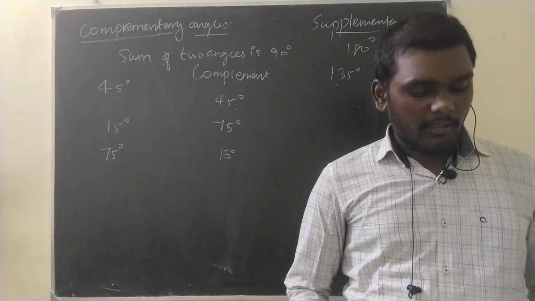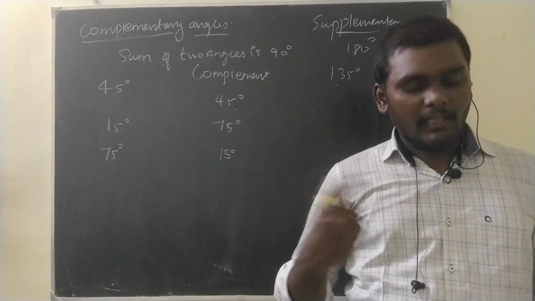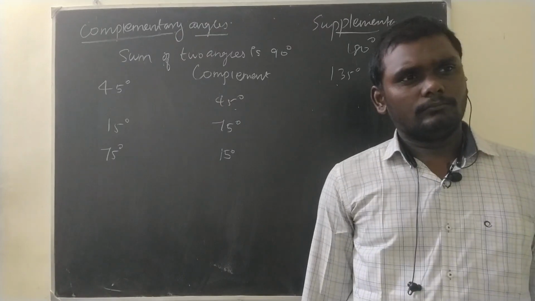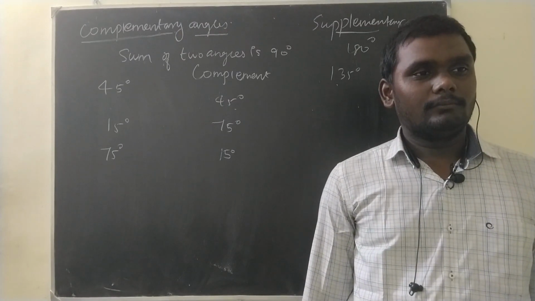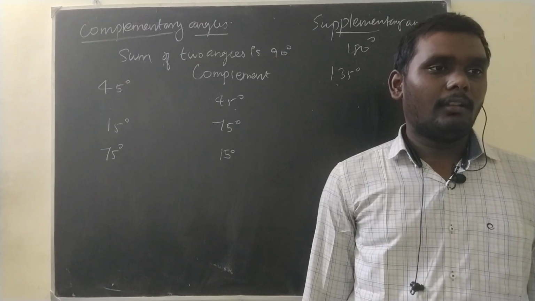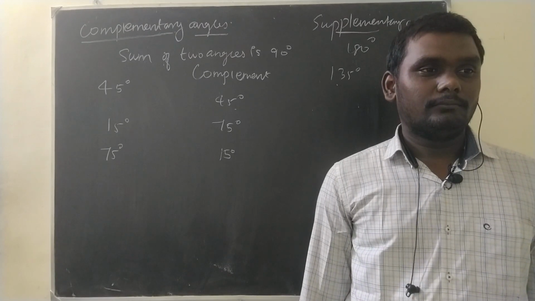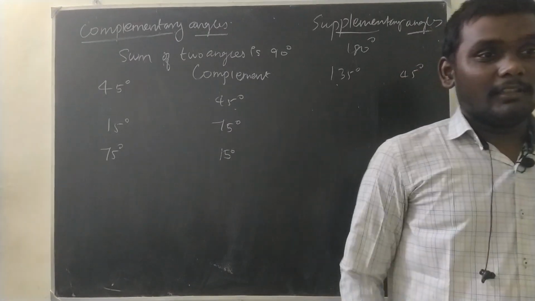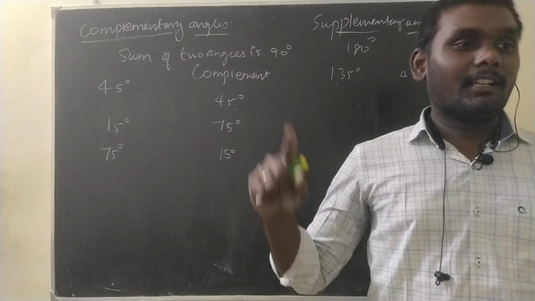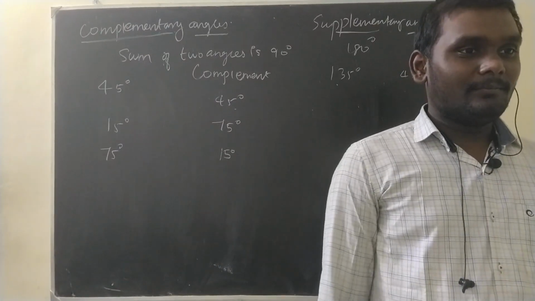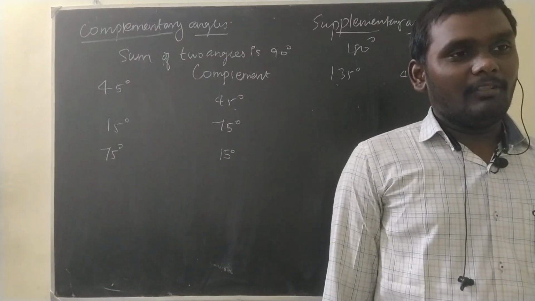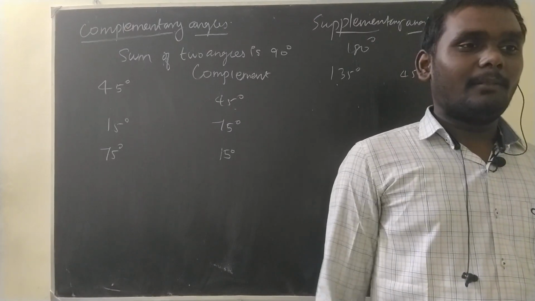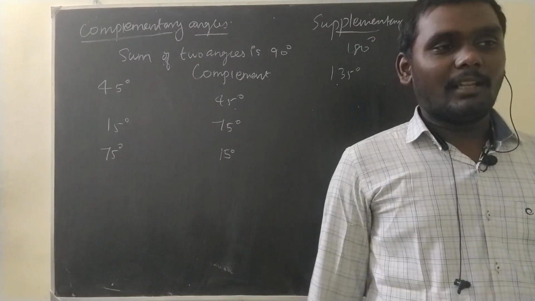The same way, can two obtuse angles be supplementary? Think of it and answer. Obtuse means more than 90. This also more than 90. That also more than 90. Then the sum will exceed 180 for sure. For example, take 91. It's an obtuse angle.